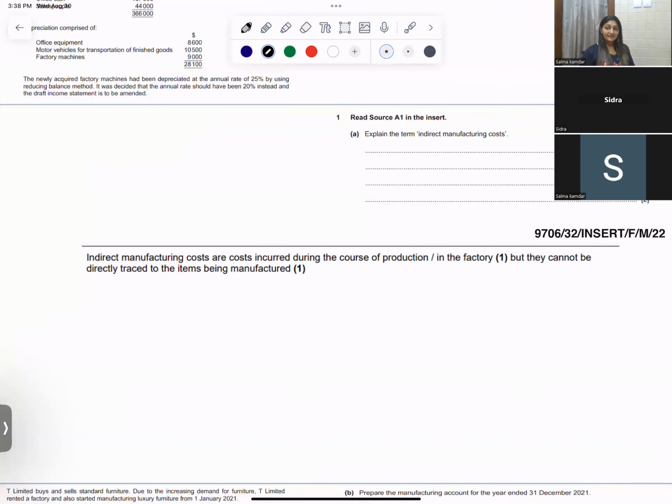Tell me, creating provision for unrealized profit, which accounting concept are we following? So you are following, firstly, the prudence concept, because you're valuing your inventory at the lower of cost or NRV and not at the transfer value.